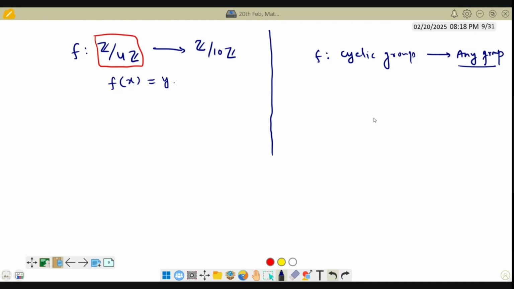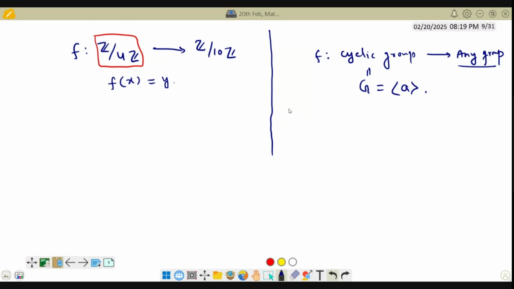For a cyclic group, you know the generator, right? Suppose this G is generated by a. If you know the image of the generator, then that is enough; you can fully determine the group homomorphism.